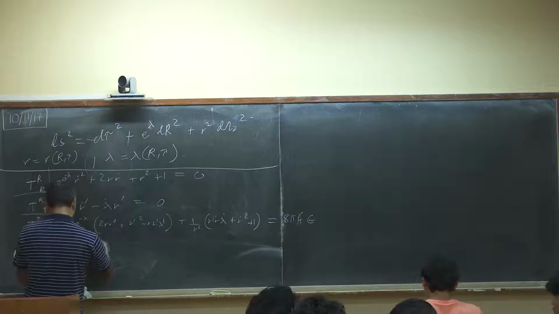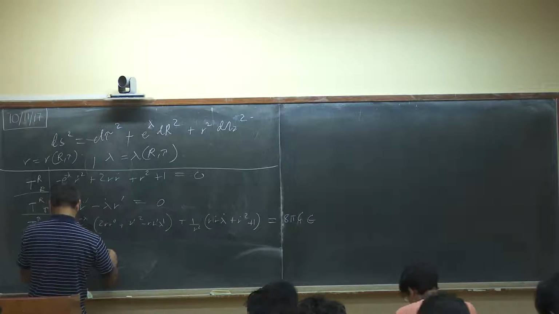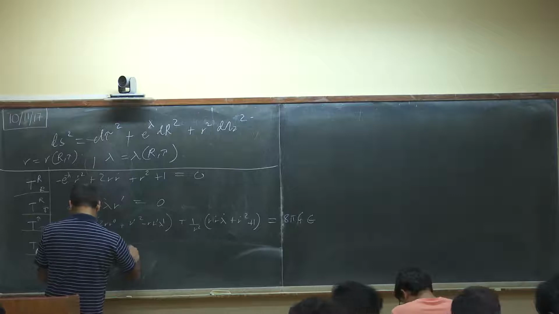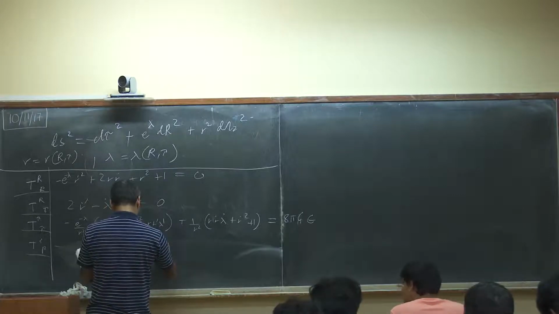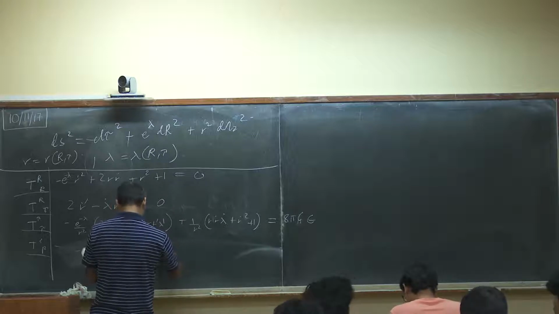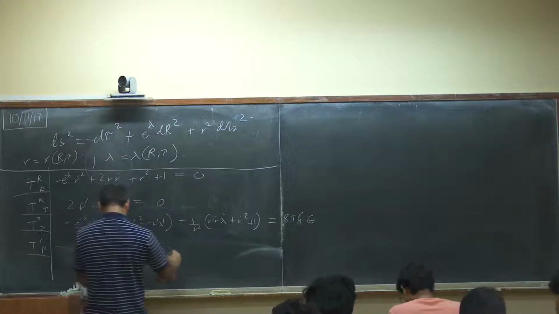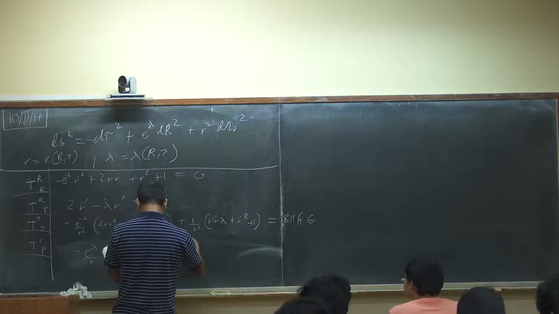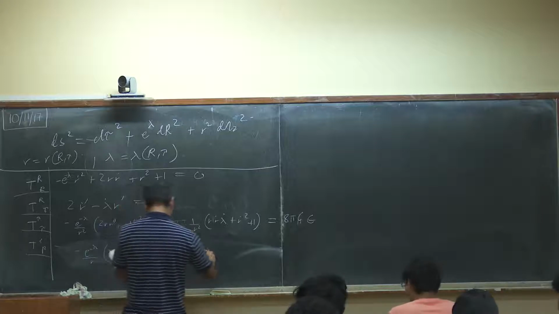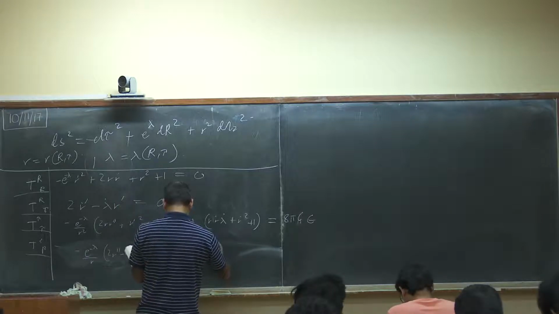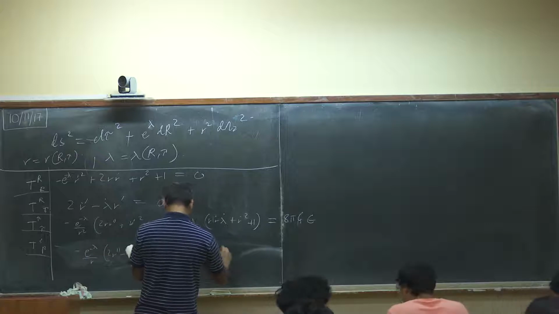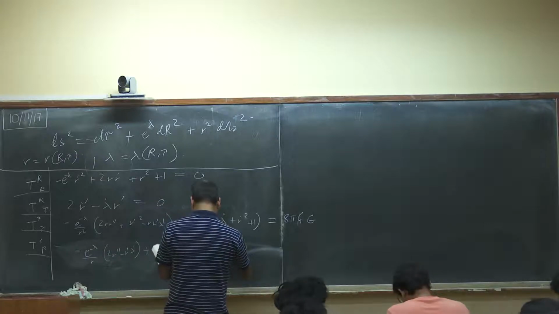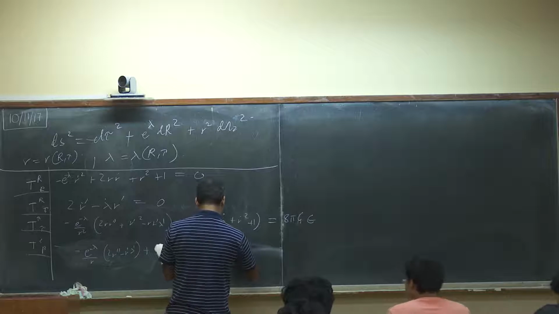Minus e to the power minus lambda by r into 2 r double prime minus lambda r prime lambda prime plus r dot lambda dot by r plus lambda double dot plus lambda dot squared by 2 plus 2r double dot by r is equal to 0.